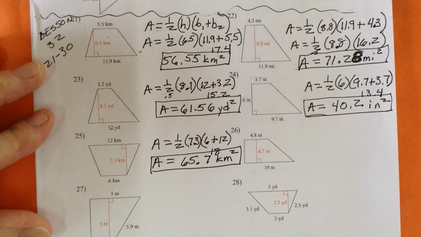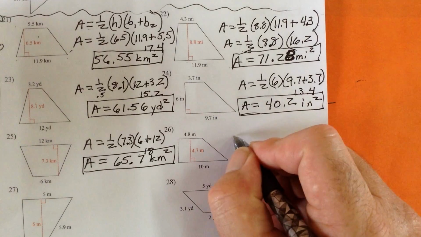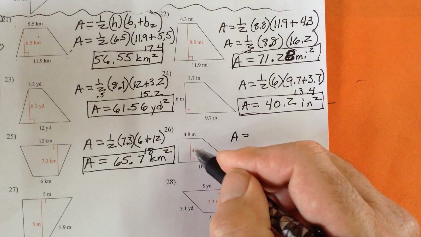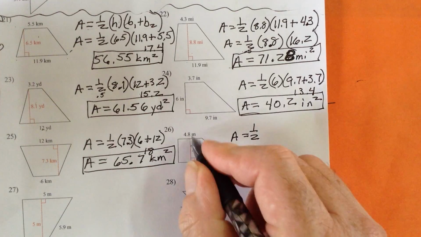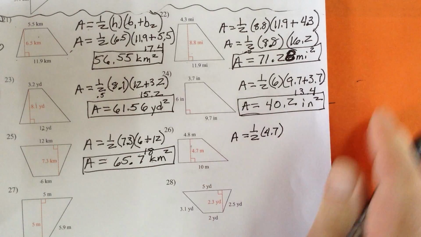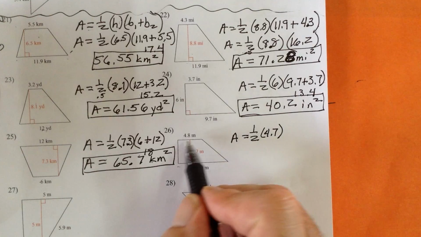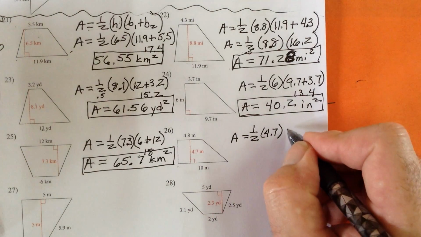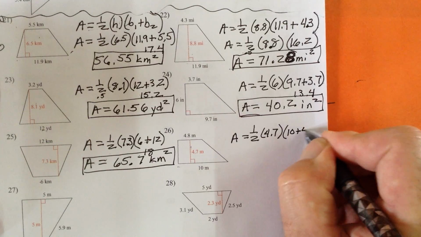The next one, number 26, the setup: 1/2 the height is 4.7, and then base 1 and base 2 would be the length of the bottom and the length of the top, so the bottom is 10 plus 4.8.